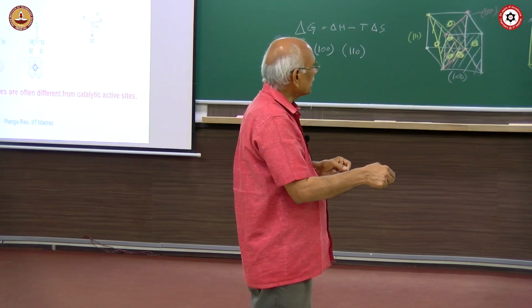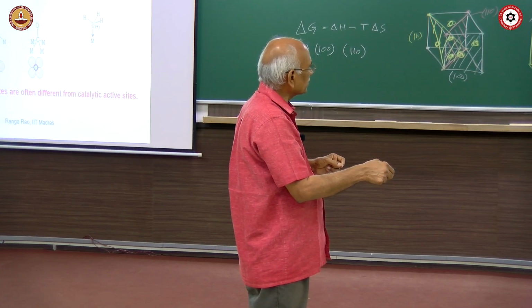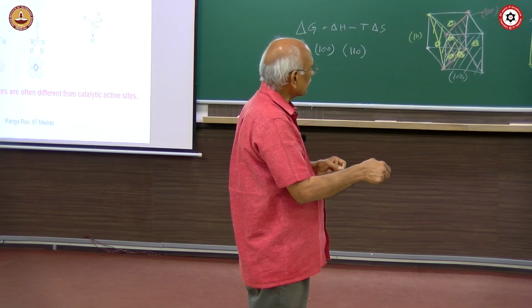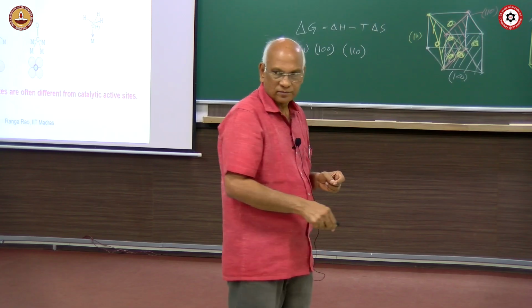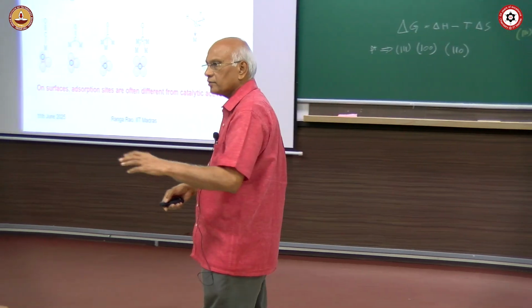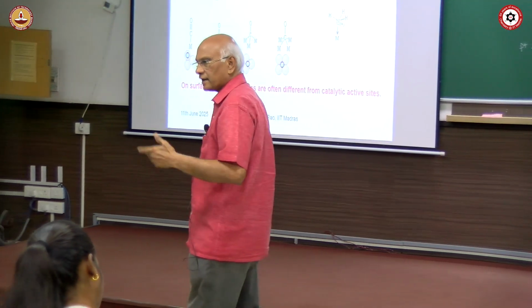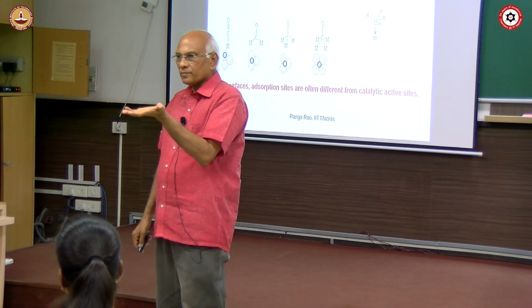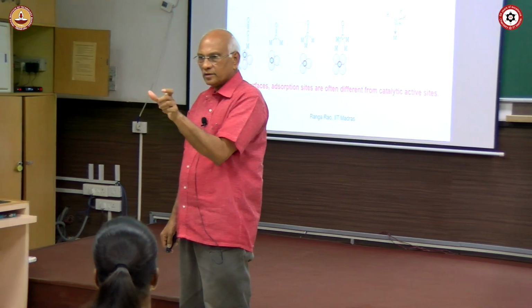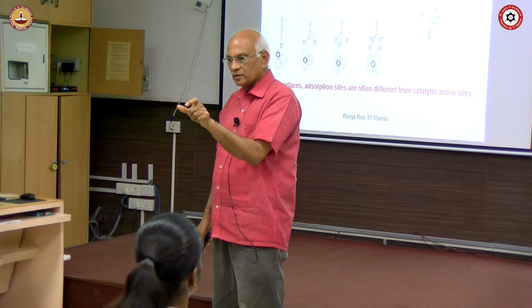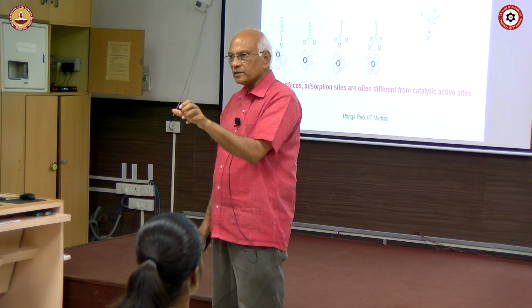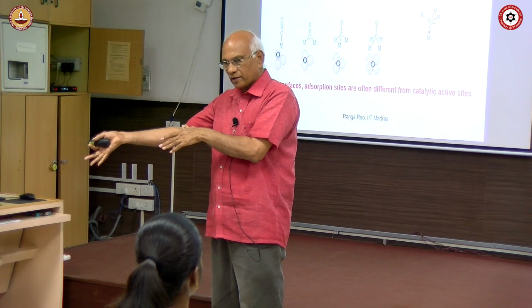Similarly, take an alkene. This alkene can form a bond with one of the metal atoms through its pi bond, giving rise to a pi complex. That's how it gets activated. What actually is a catalyst and activation? A catalyst alters the bond, so the molecule which is difficult to break can easily break and then react with some other fragment.